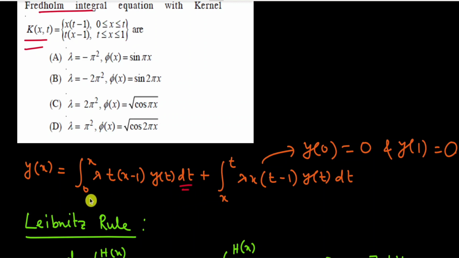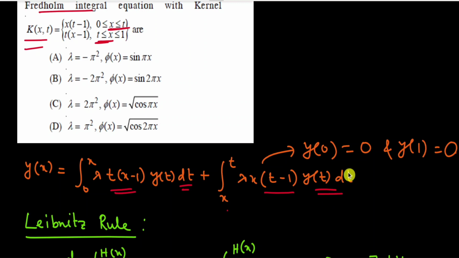From 0 to x, where t is less than or equal to x, the kernel takes the value t into x minus 1, and from x to 1, that is where x is less than or equal to t, in this interval the separable kernel takes the value x into t minus 1, lambda into x, lambda x into t minus 1 y t dt.